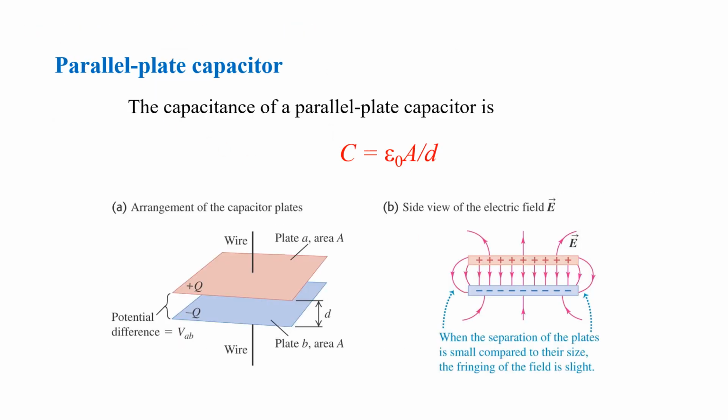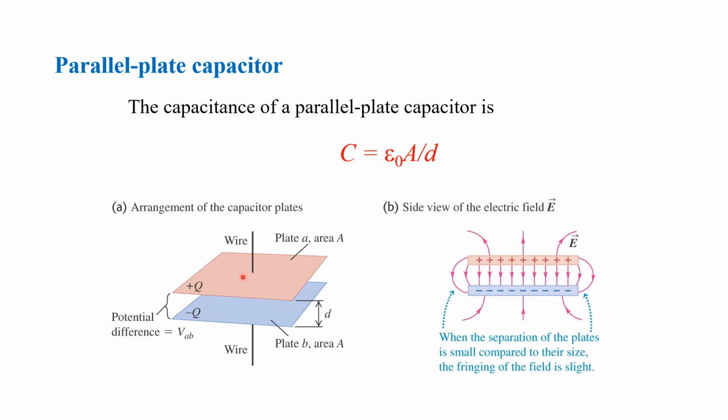We normally model your capacitor with a parallel plate capacitor. Here you have two parallel plates of area A, separated by some distance d, and here you have your potential difference. Your plates store charges depending on how you connect your power supply or battery.